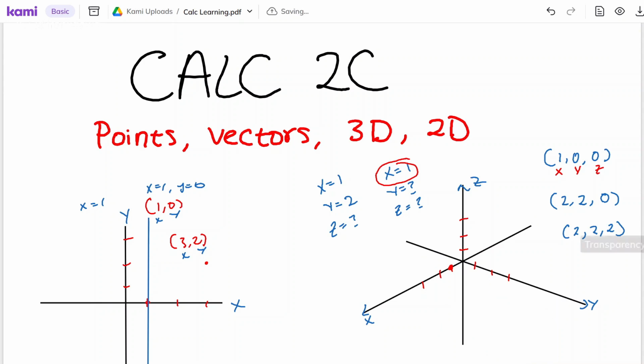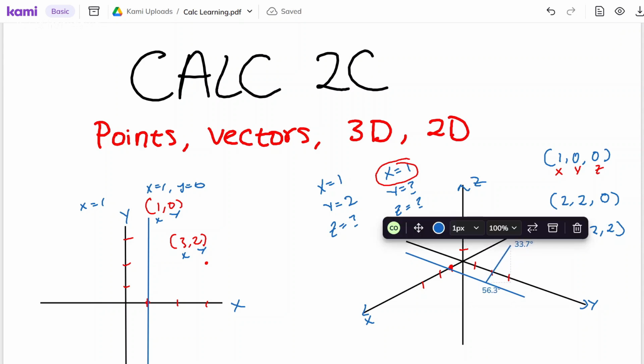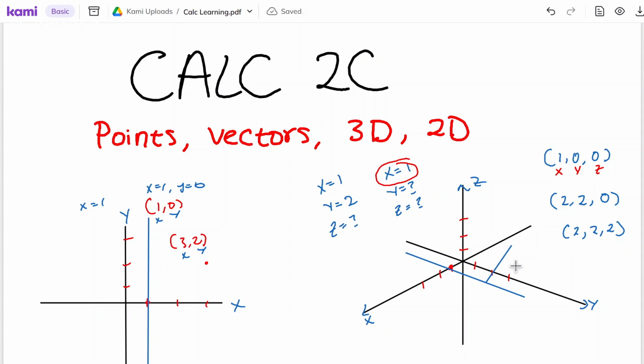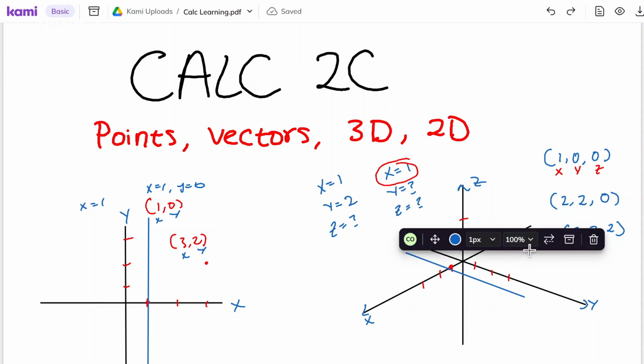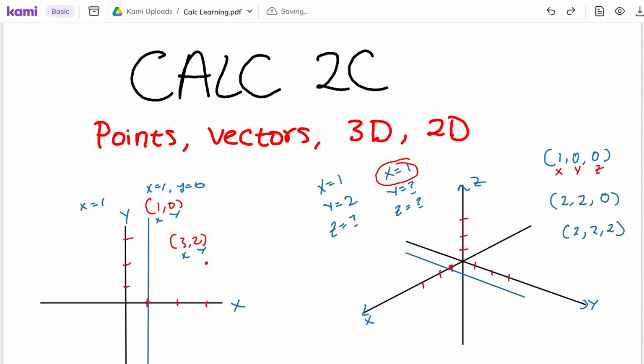If the x is always going to be 1, it's going to be on this line of x equal to 1, and then y is equal to 2. So it has to meet these 2 criteria where x is always 1 and y is always, and let me draw that y again, y is always 2. And for it to meet that criteria, what happens is it has to be a line.